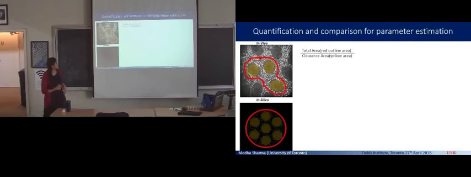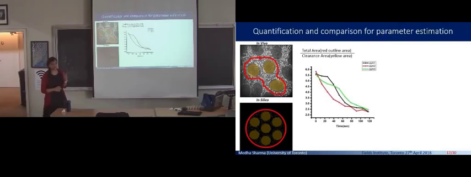We can do that in the system as well. We calculate the total area and clearance area in three different embryos, and we see that there is a similar profile. So now we can take a mean, and we see that there is a two-fold decrease in this ratio over time.